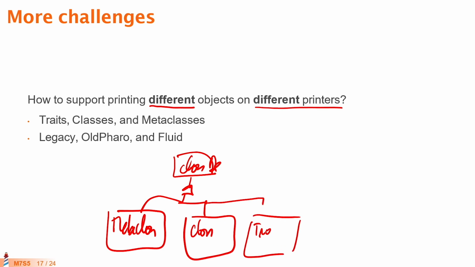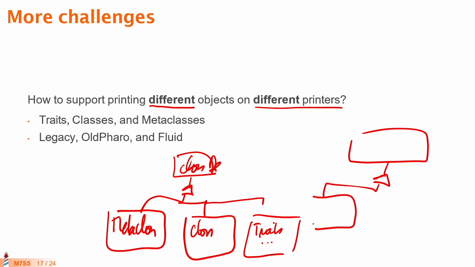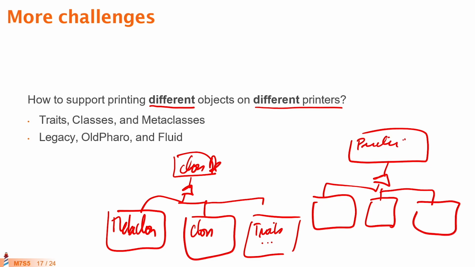I don't remember exactly if this is that, but I think it is like that. And the printer. So here I have another hierarchy of printers. The question is, I want, for example, to be able to print a class in the old format, or a class in the fluid format, or a trait in the old format. So I have all the combinations. How do we do that?